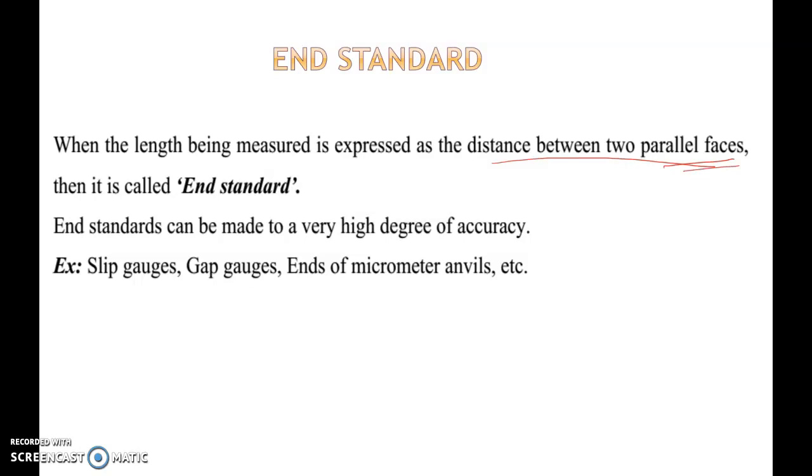That is the end standard, and examples of end standard are the slip gauge and the gap gauge. Slip gauge is also known as gauge block. So gauge blocks, gap gauges, ends of micrometer anvils, etc. are examples of end standard.